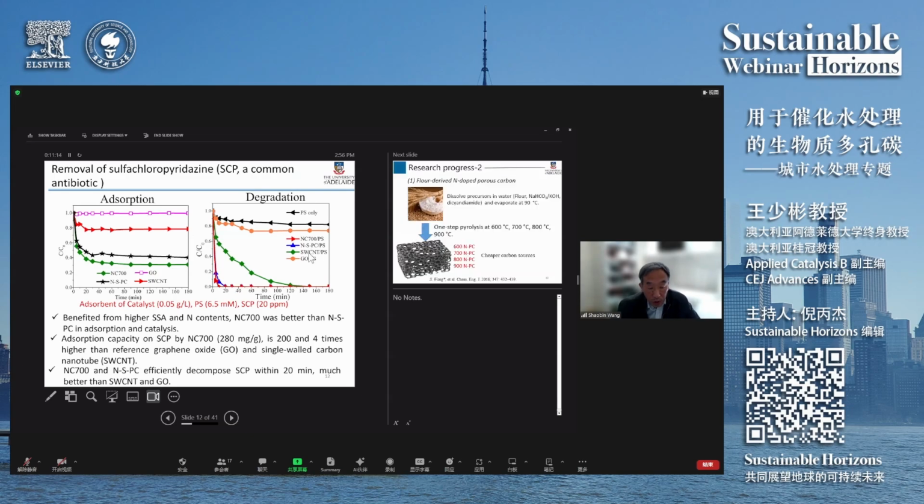But for water treatment, we can also see in terms of absorption that both of the functionalized carbons give very high absorption capacities, and these capacities are much better than the others. They also give very good catalytic performance.